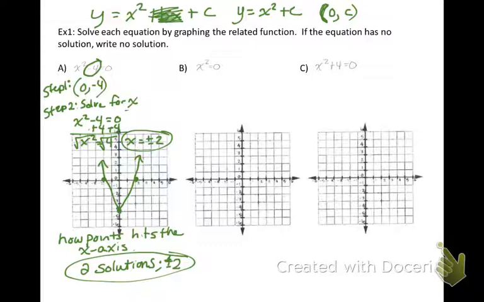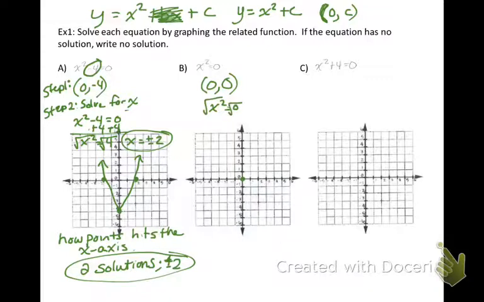So let's look at B. You start with 0. Again, you always start with 0 for your x. And what number is after x squared on this one? Well, there's nothing, so it must be 0. So we're going to start with 0, 0. And we need to get x by itself, so I'm going to take x squared equals 0 and square root it. Well, there's nothing.